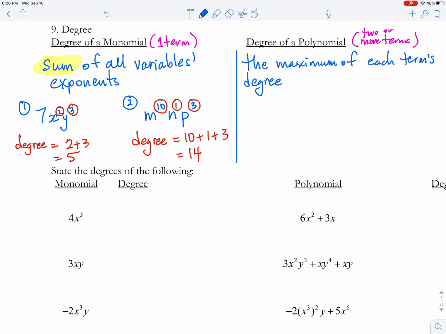So you're going to find each term's degree, and then whoever has the biggest one, that's going to be the degree of the whole thing. So, and that's after you determine each term's degree. So that's the first thing you'll have to do.